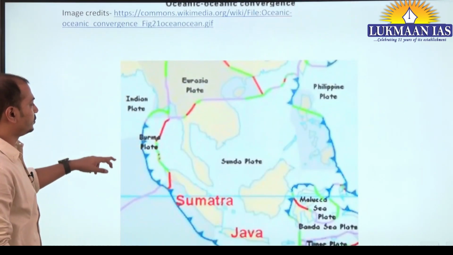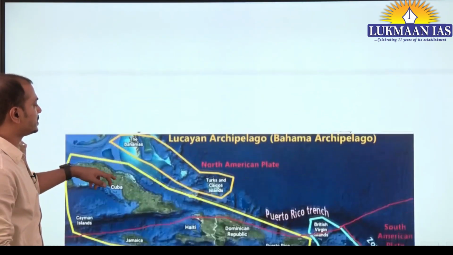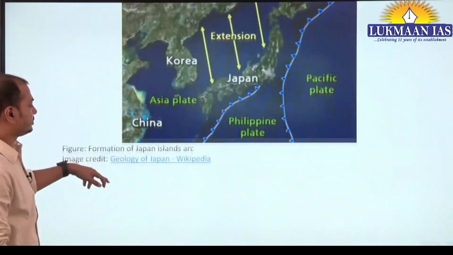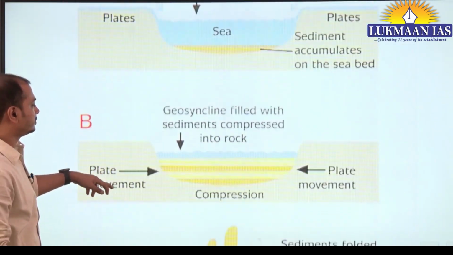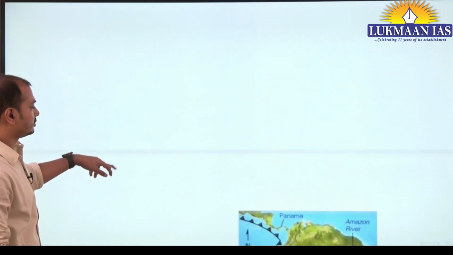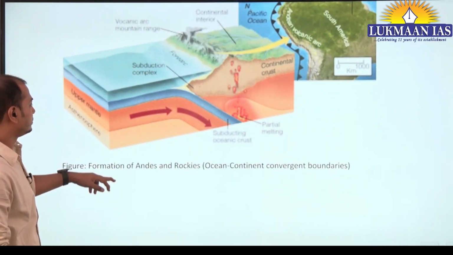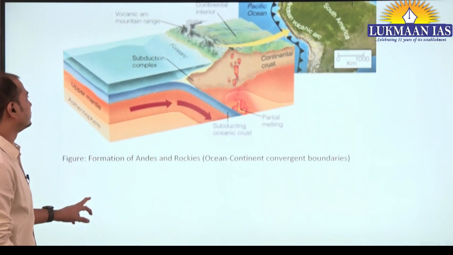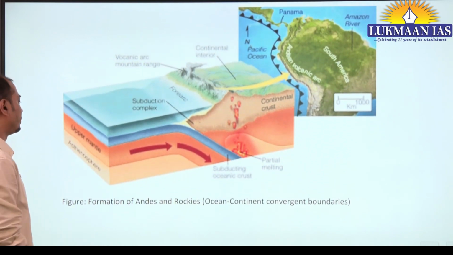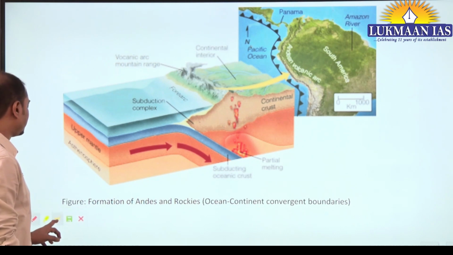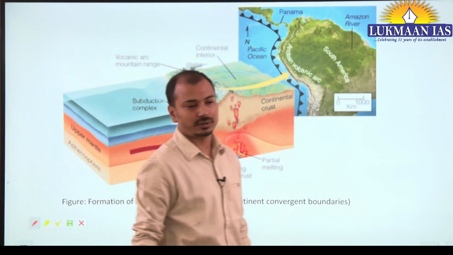This is oceanic convergence. Formation of the Andes and Rockies. See, mountain formation we have to learn simultaneously.